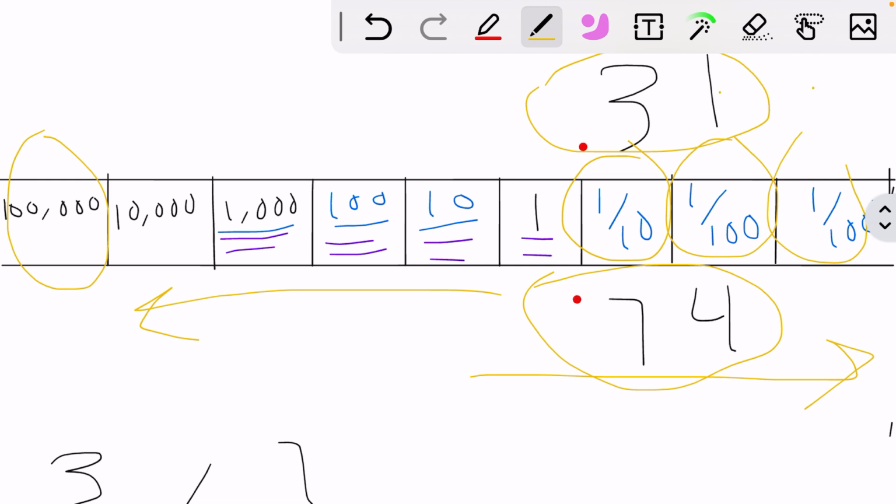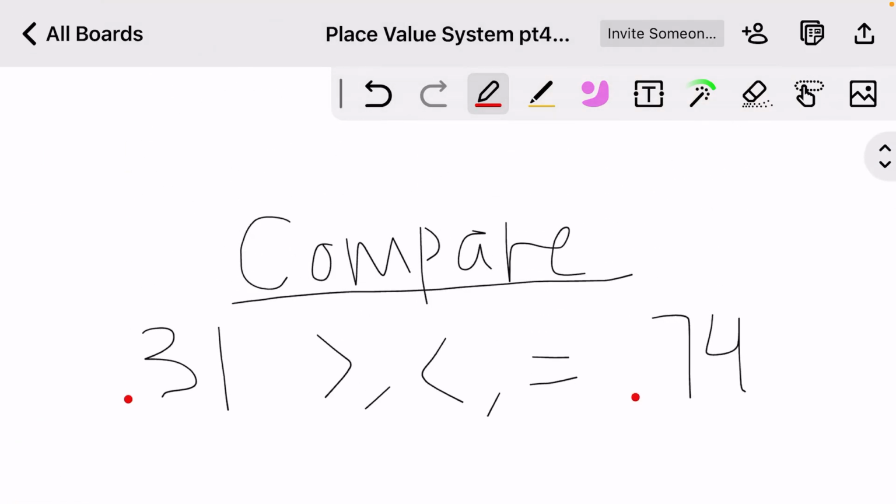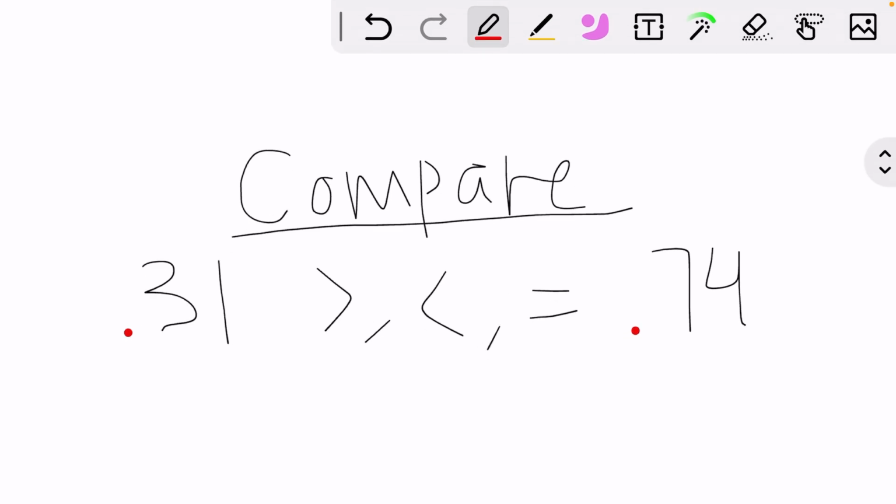So if this is greater than this, because this is the largest place value, we don't even have to look at these other digits. They don't even matter. So 0.31 is going to be less than 0.74. Let's do one more example.